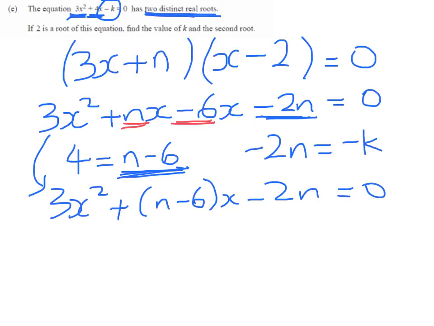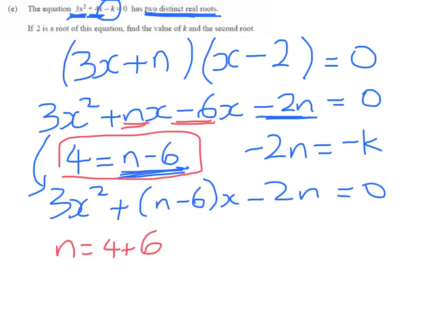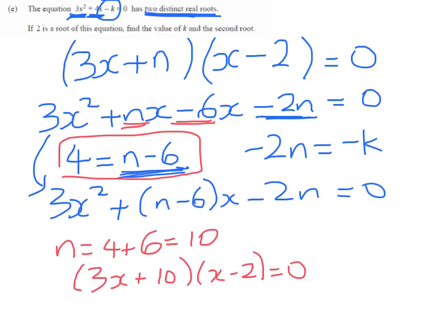Okay, so the easiest thing to do is to solve this equation here. So we get n is equal to 4 plus 6. And we can pop that back into the equation, and we get, so that's 10, 3x plus 10 times x minus 2 is equal to 0.